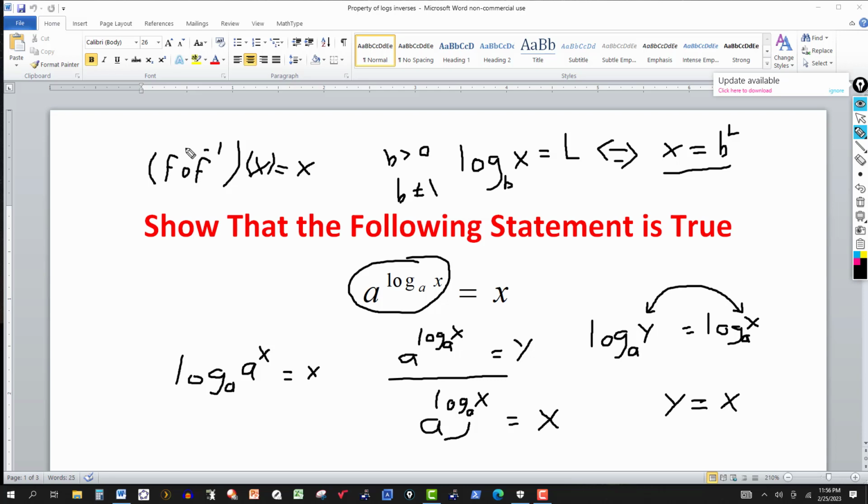If I reverse these and write that as f inverse composition f of x, that's also x. And that's where these two properties come from. This one right here and this one right here, which of course is this one here, come from the fact that the exponential and the log function are inverses of each other.